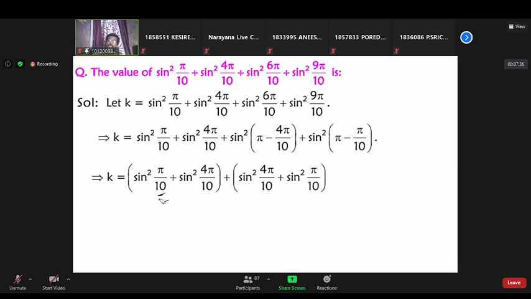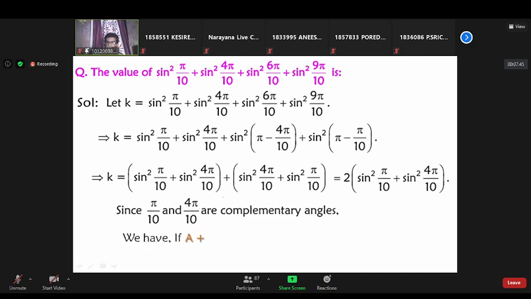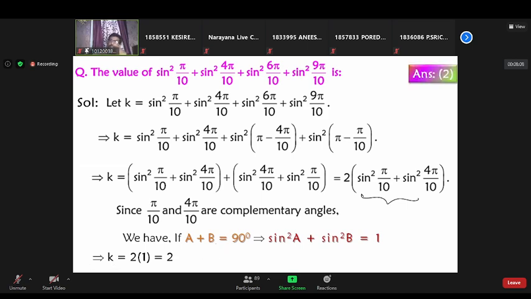So this is 2 times sin square pi by 10 plus sin square 4 pi by 10. Since pi by 10 and 4 pi by 10 are complementary angles, if A plus B is equal to 90 degrees, sin square A plus sin square B is equal to 1. So this becomes 1. The answer is K is equal to 2 into 1, which is 2. The answer is 2.